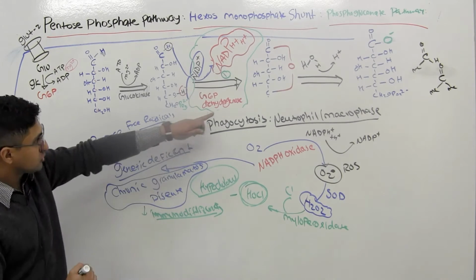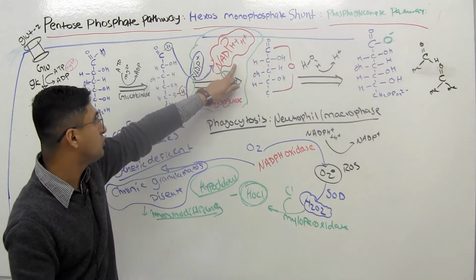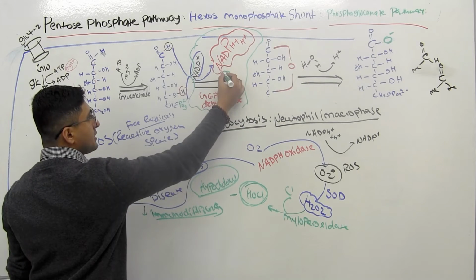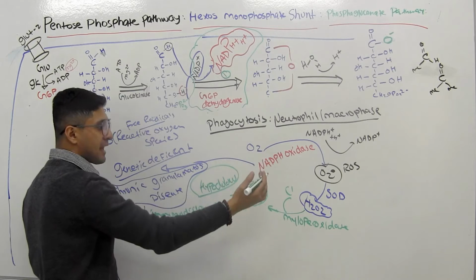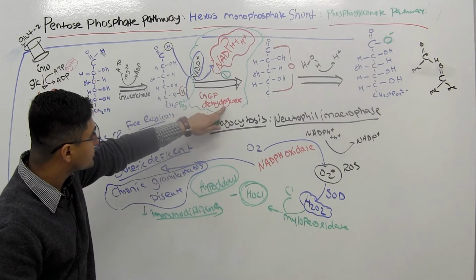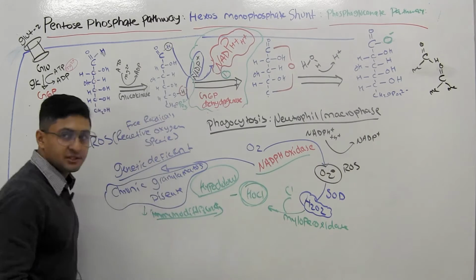But remember, even with glucose 6-phosphate deficiency, you're not going to make NADPH. So in this case, you also have immunodeficiency. But what makes it different, the glucose 6-phosphate dehydrogenase deficiency versus the NADPH oxidase deficiency?